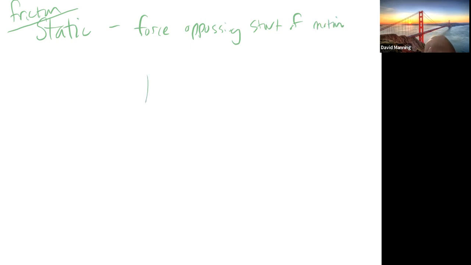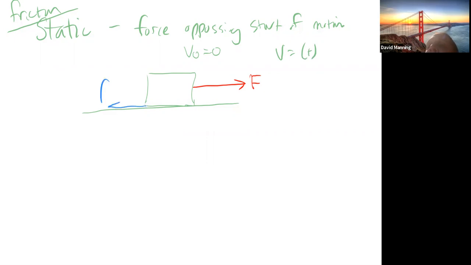So if you have an object at rest on a surface, so V naught is equal to 0, and then you apply a force to it, F, now the object has a velocity. This force F has to be greater than Fs, the force of static friction. F must be greater than Fs to move.